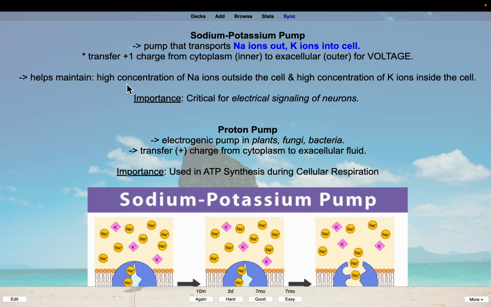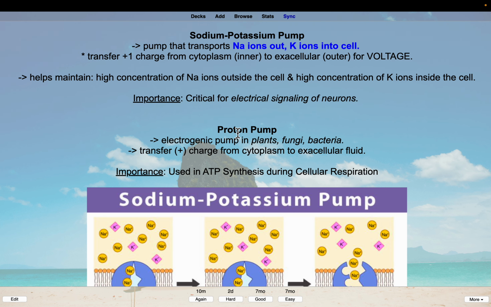It helps maintain a high concentration of sodium ions outside the cell and a high concentration of potassium ions inside the cell. So how is this kind of pump important? It's critical for the electrical signaling of neurons in the brain, how fast your brain responds to certain stimuli, something like that.